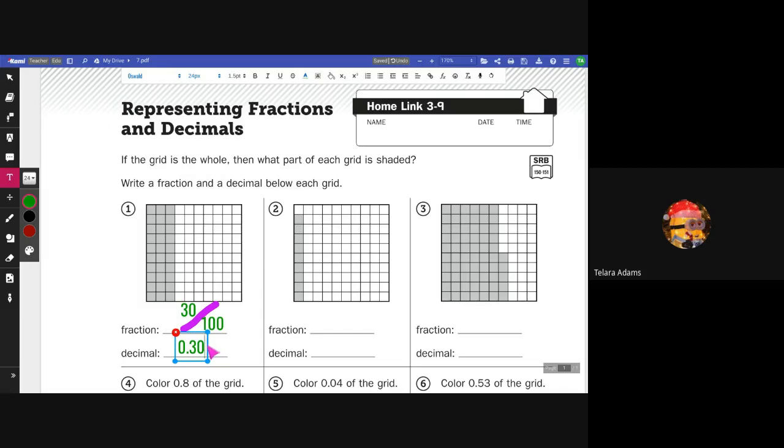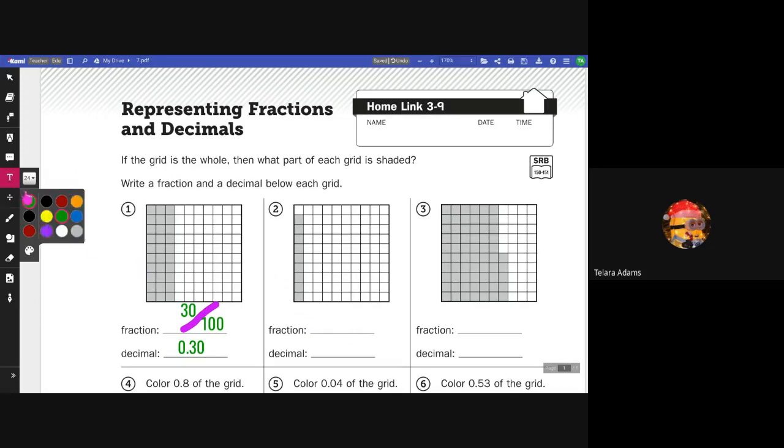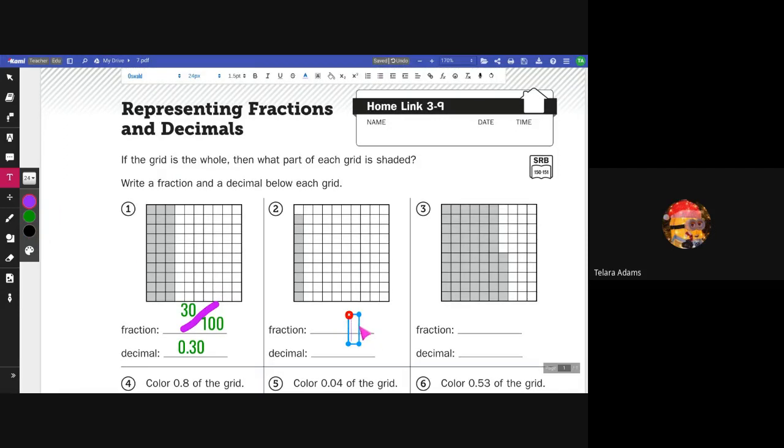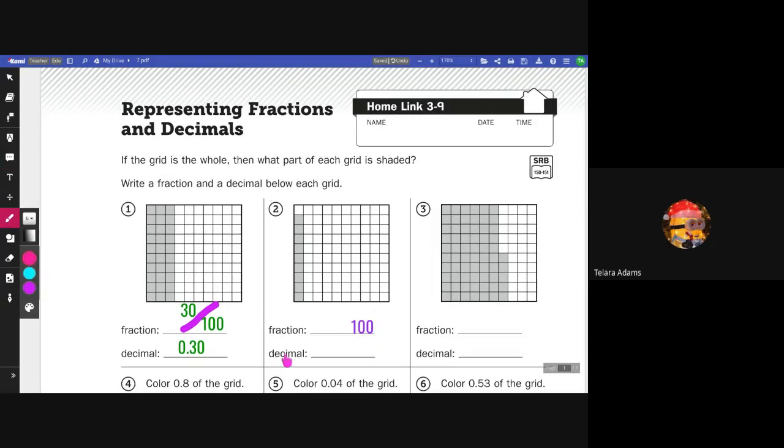Let's do number 2 together. What is my denominator? My bottom number, my denominator, tells me how many pieces I have total. If we count those squares one by one, what is my denominator? Yes, 100. Just like before, I still have 100 squares on my grid. My denominator is 100.